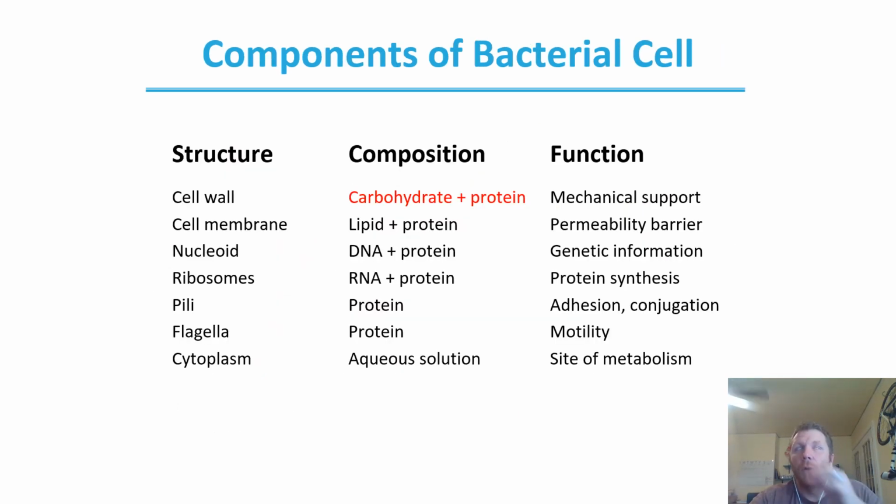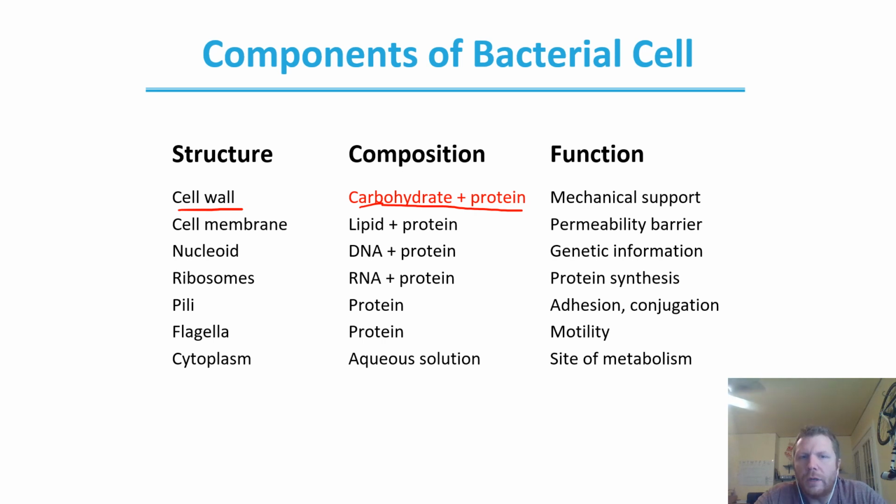Now, components of a bacterial cell. Another thing that really stands out as being unique for a bacterial cell is that cell wall. The cell wall is made up of carbohydrates and proteins. It's going to serve as mechanical support as well as protection. But there are other components of a bacterial cell that make it unique.